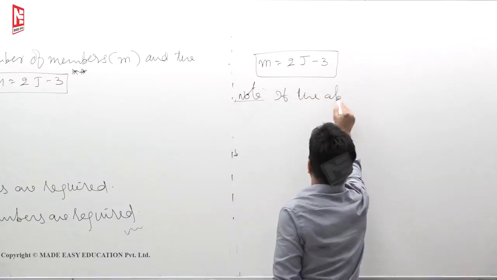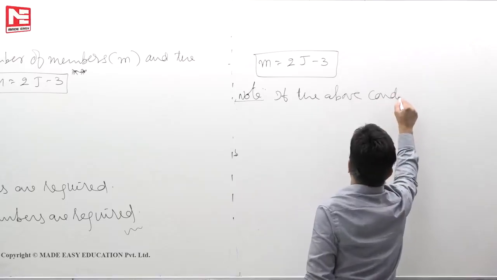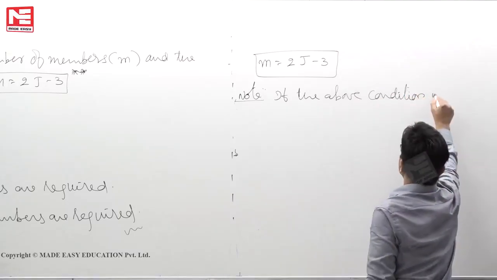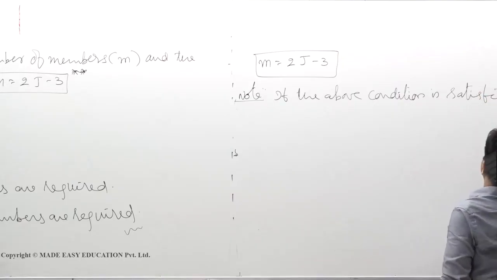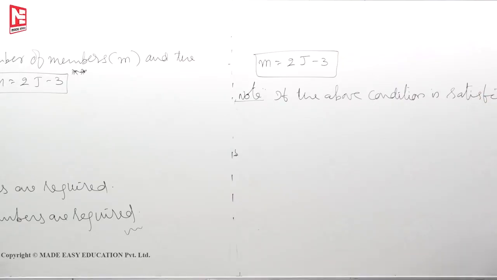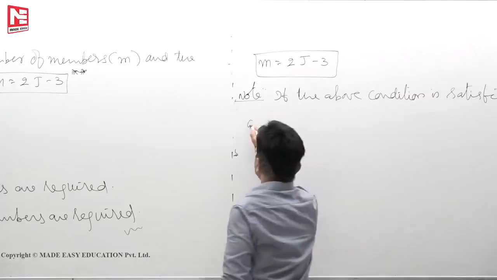If the above condition is satisfied, we get a stable, triangulated and determinate truss.